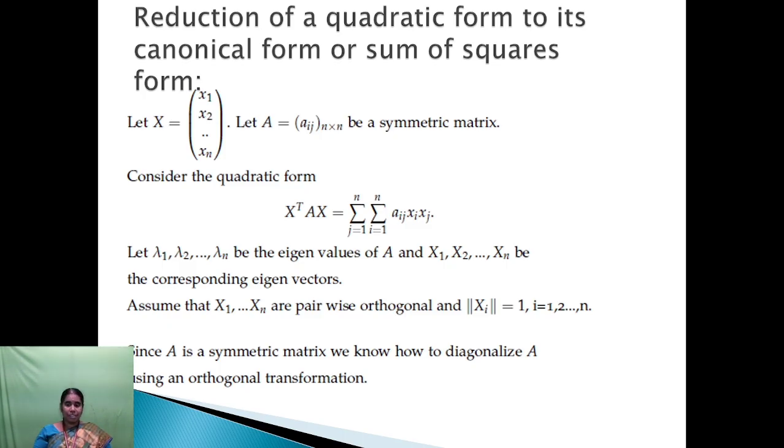Since A is a symmetric matrix, we know how to find the diagonalization of a matrix by using an orthogonal transformation.